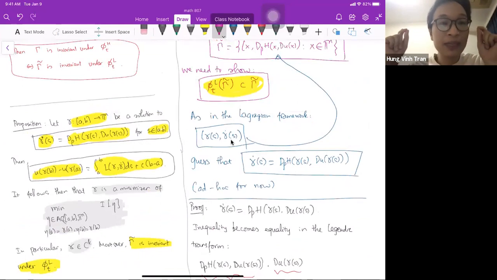The minimizer exists provided that I know the two endpoints. When you know the two endpoints, then you can say that you have the existence of a minimizer to your action functional. That's absolutely correct.